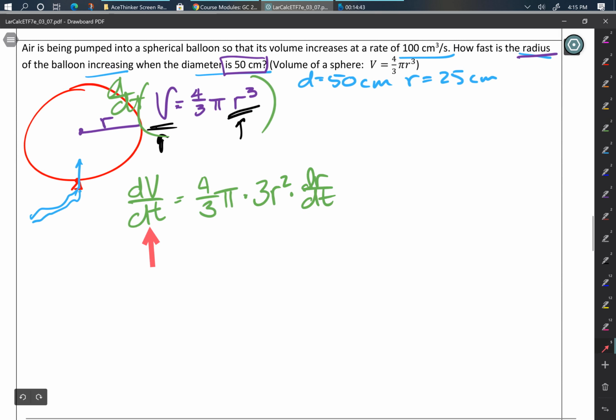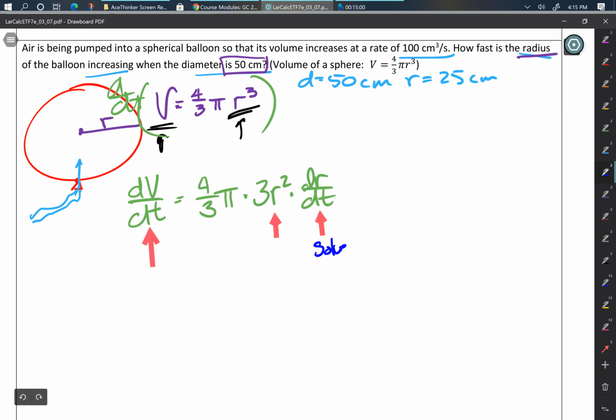At this point in time, I'm seeing 1, 2, 3 variables. And so whatever one they want me to solve for, they better give me enough information or give me the other two. Right.